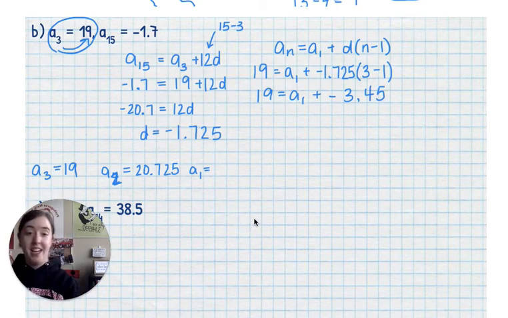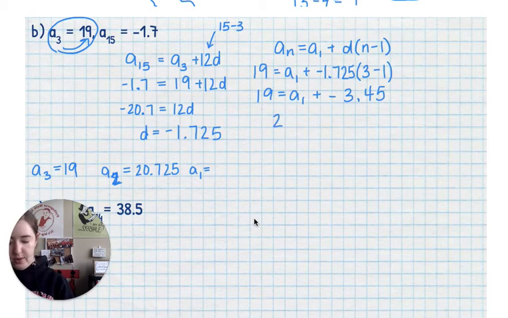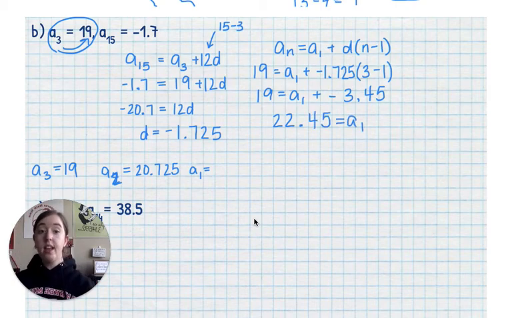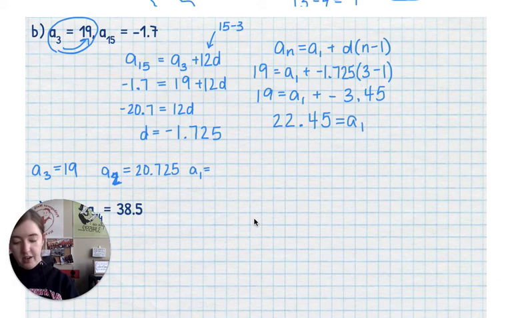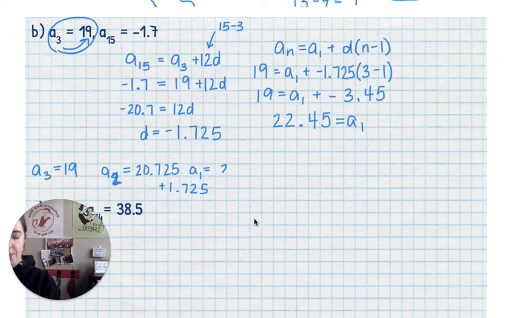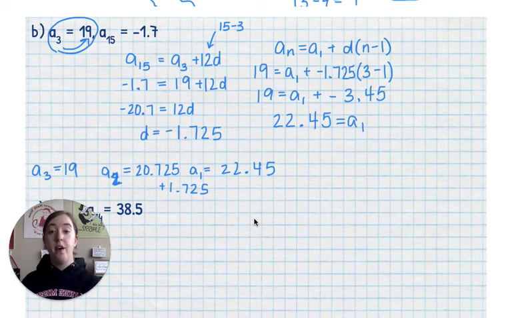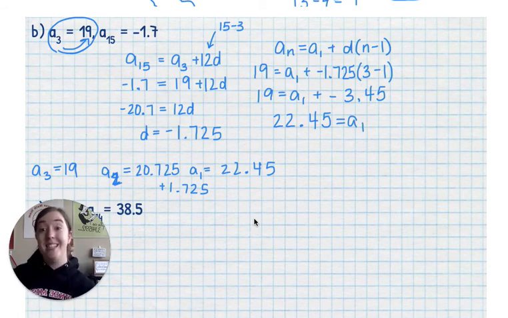So we'll add that negative 3.45 to both sides, and then we'll end up with 22.45. And if you would have added 1.725 again to keep working your way backwards, what do you know? You end up with 22.45. So either way you want to go about finding that first term is totally fine with me, whichever way makes the most sense to you or is easiest in the moment.